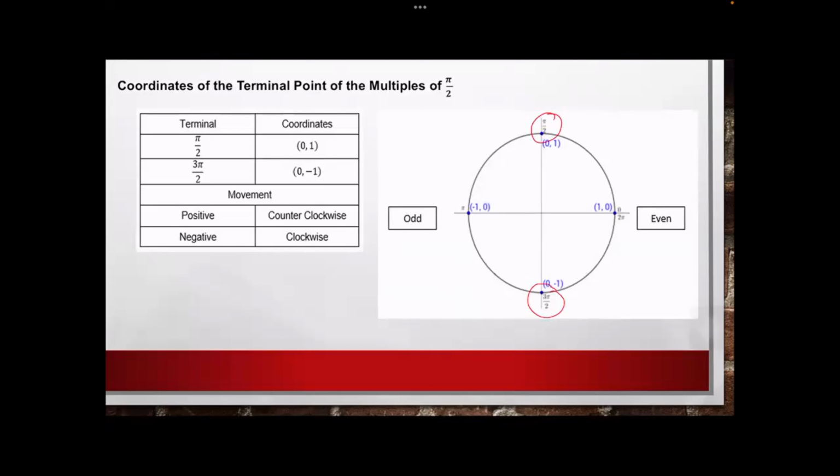Siya. Baba. So, taas at baba naman yung ating pinag-uusapan. Yung movement niya, ito may kinalaman na yung sign niya. Kung positive siya, this will be counterclockwise. Kung negative siya, this will be clockwise. Now, paano ba ang ikot ng clockwise? Counterclockwise. So, pag ganun, simula dito, pag ganyan.